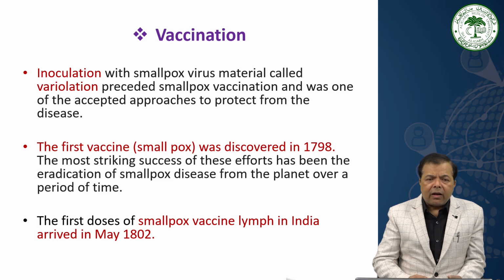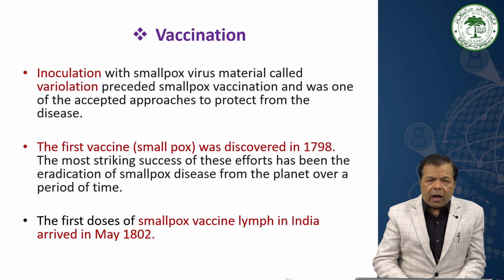So, virus plus inoculation is basically what became variolation, right? I thought of adding this point because in some of the older literature, you will not find the word vaccination, and you will find the word inoculation, right?